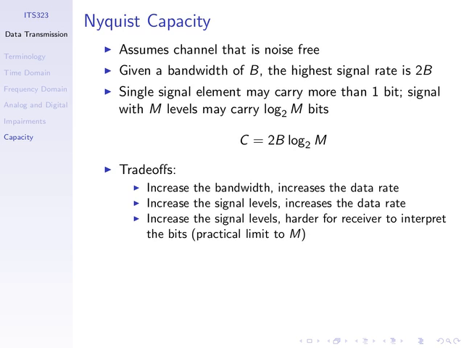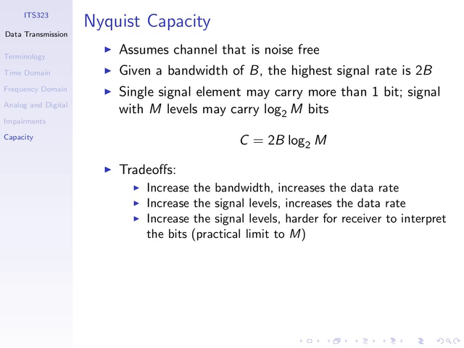We can define the signal or signalling rate. If we were sending 1 signal element per 1 millisecond, then we'd be sending 1,000 signal elements per second. If I send 1 in 1 millisecond, I can send 1,000 in a second. So we can define our signalling rate, SE. We've done this yesterday, it's just a different example.